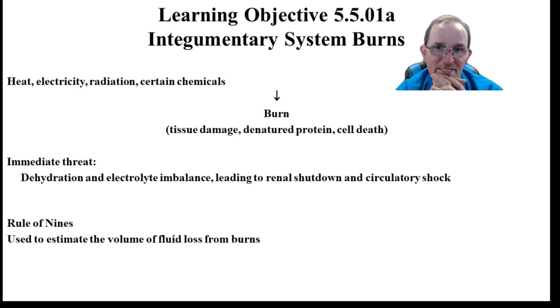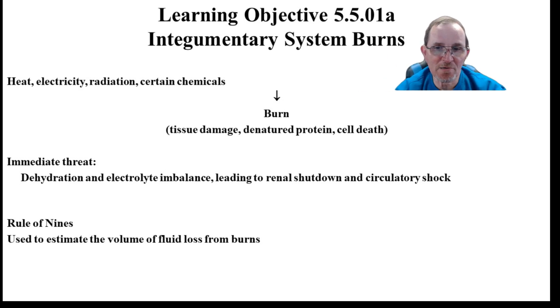Okay, integumentary system burns. What can burn our skin? Well, heat from fire, electricity, radiation can do it, and some chemicals like acids. The tissue will be damaged, the proteins will be denatured, and the cells will be dead.